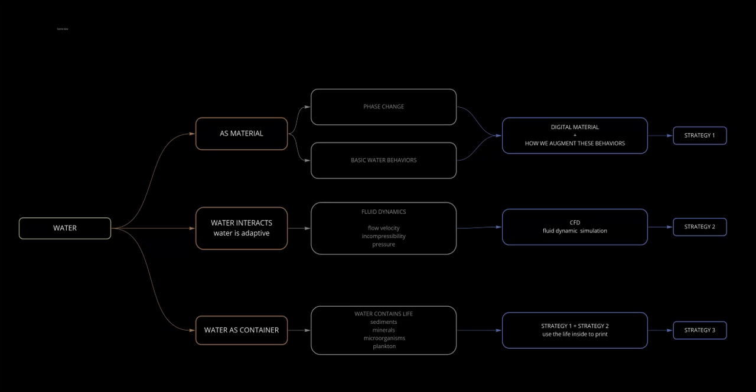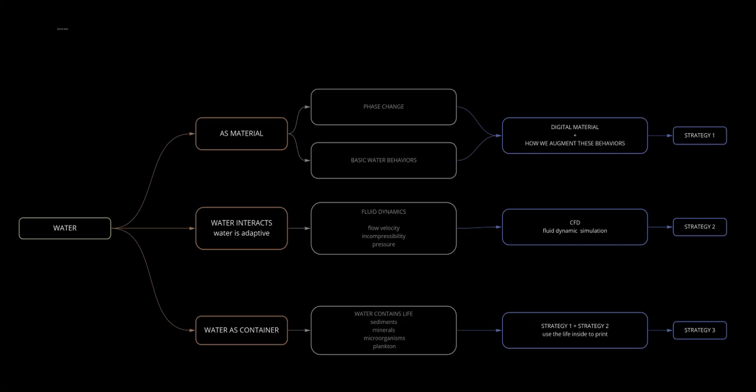And then water as a container. As we know, water contains life, sediments, minerals, microorganisms, planktons, and many other things. And I think that this could be a combination of strategy 1 and strategy 2.